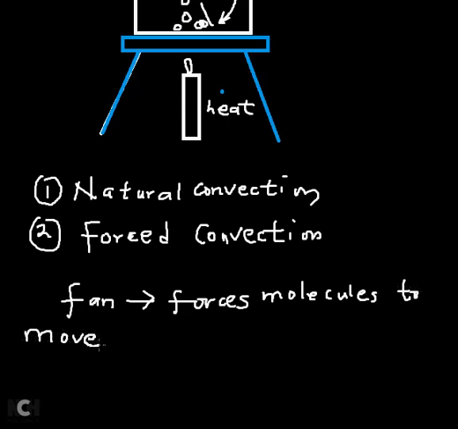As the molecules move, such a convection is set up. So that is a forced convection. If there's no external factor, then definitely such convection is natural convection. So please take note of that.